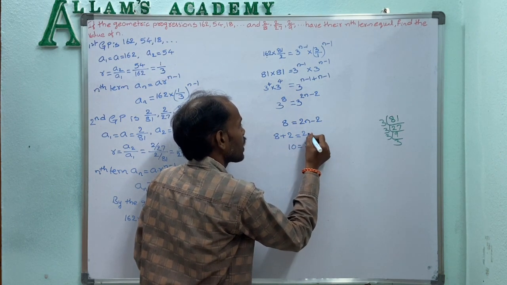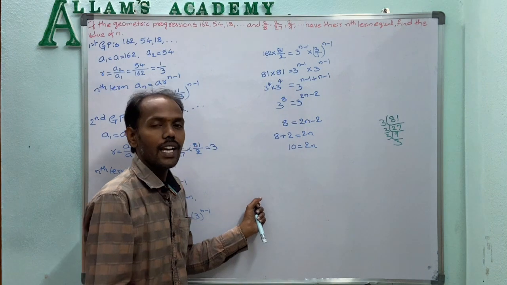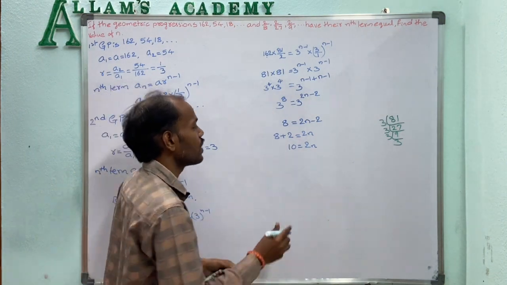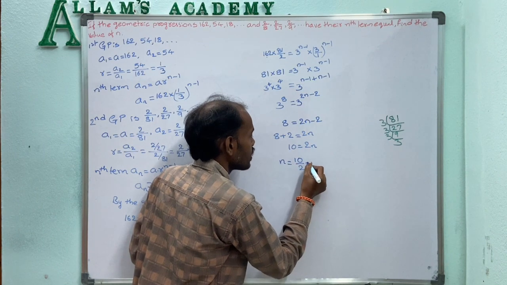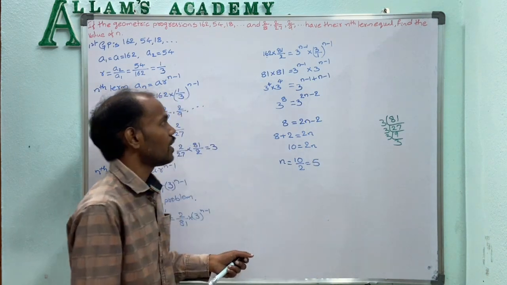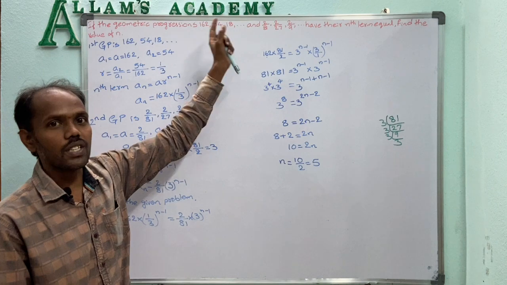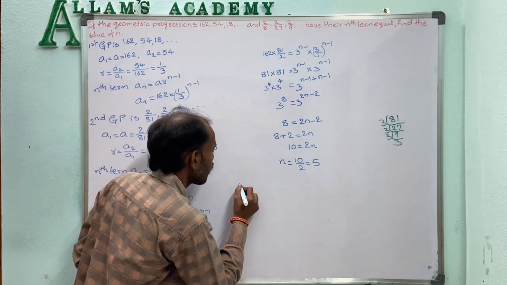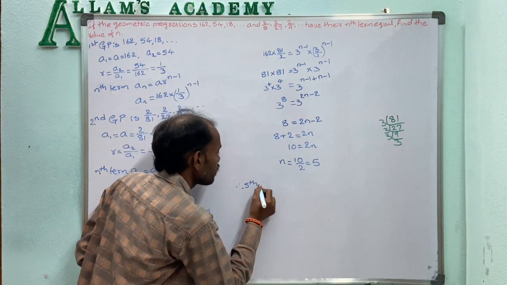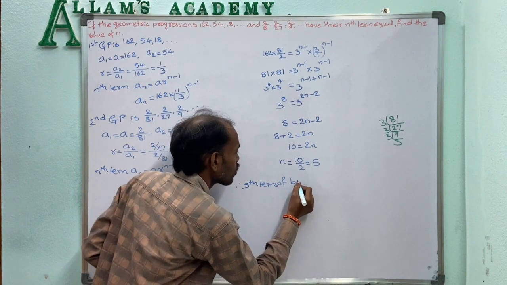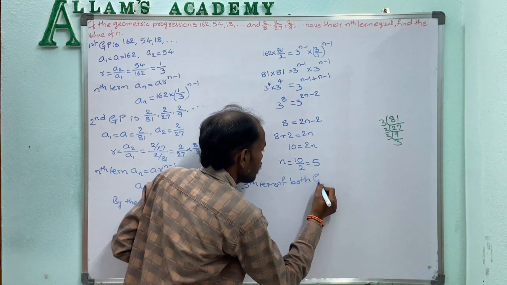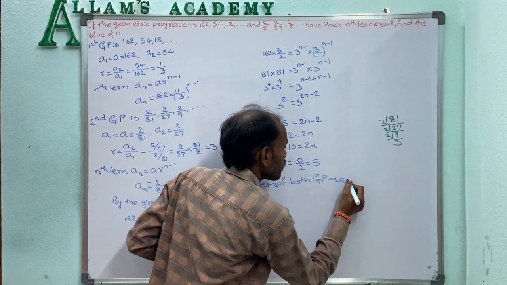Now the multiplication by 2 is transferred to the LHS as division. So n is equal to 10 by 2, which is 5. So the fifth terms of both geometric progressions are equal.